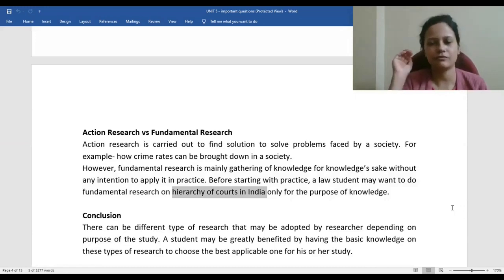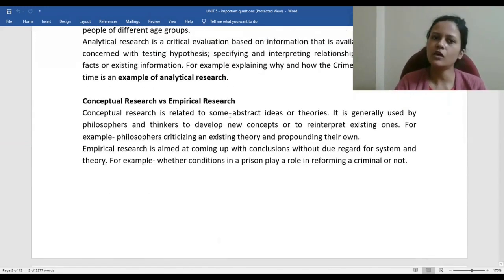Action research is we want to put it in action as well. Conceptual research and empirical research. Conceptual, some new theories or new concepts they want to develop, or by criticizing the previous one, they want to develop a new concept. Empirical research, they want to conclude based on whatever they have observed.